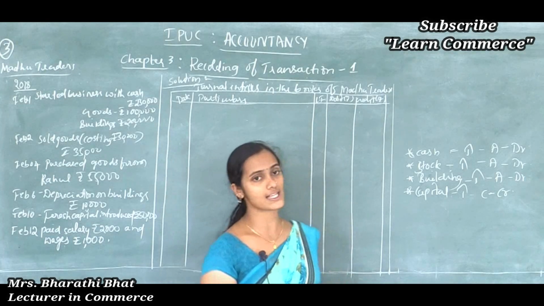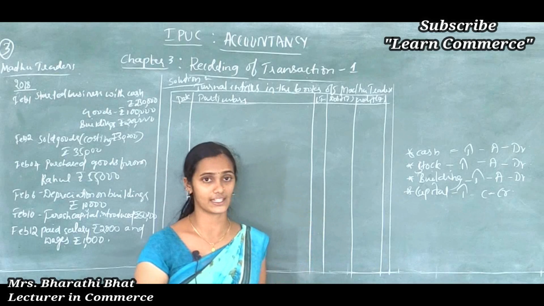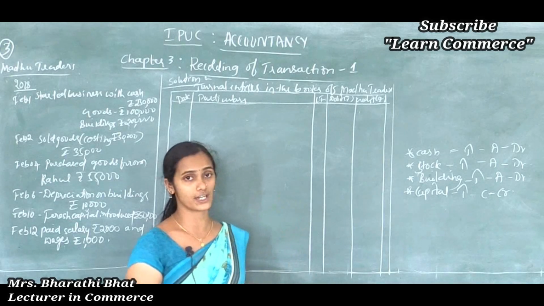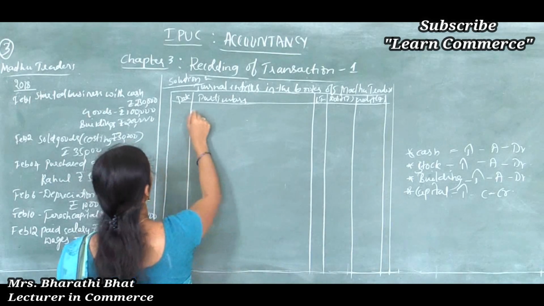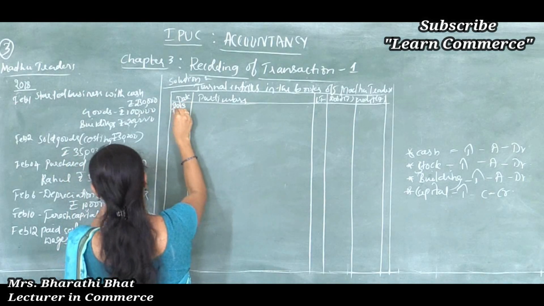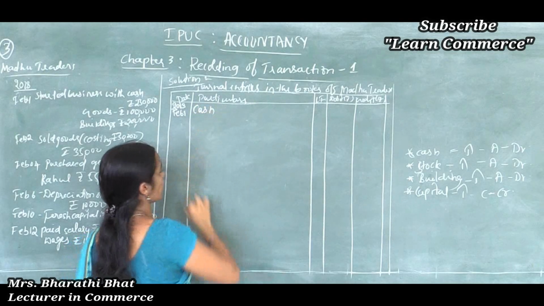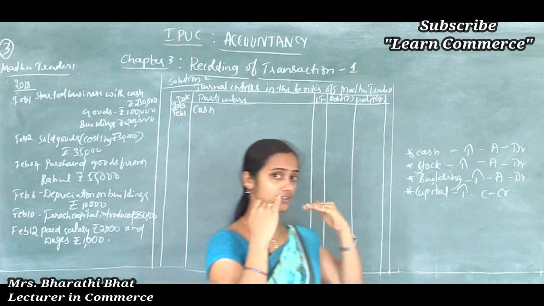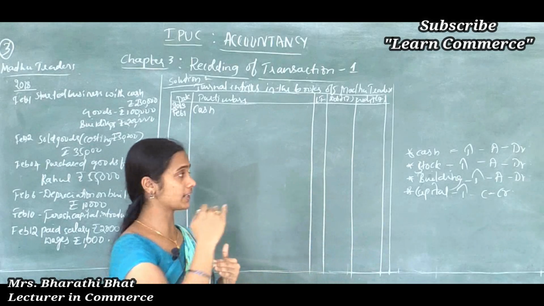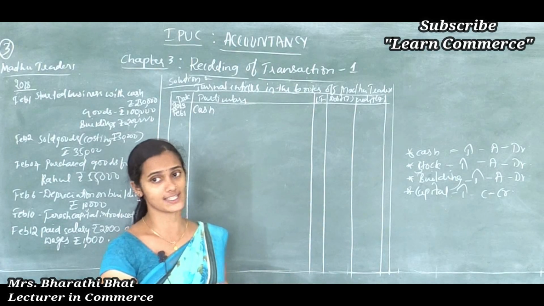So how can we record that particular transaction in the books of journal? We can record the transaction like this. February 1, 2018. We should record all the debit aspects first, and only after completing the debit aspects can we record the credit aspect of a transaction.